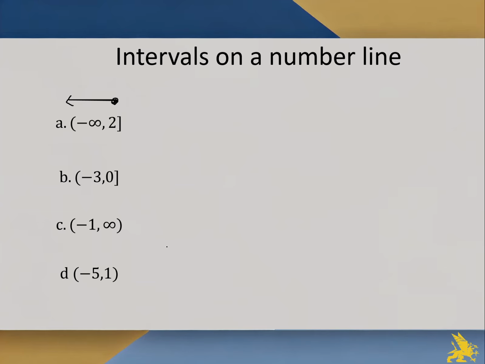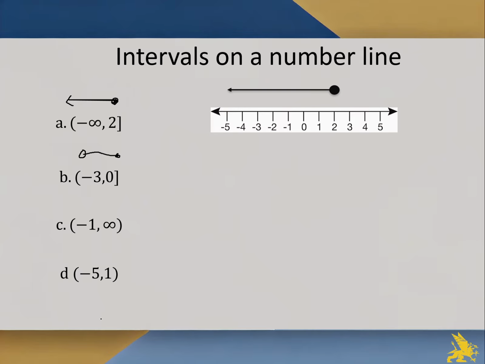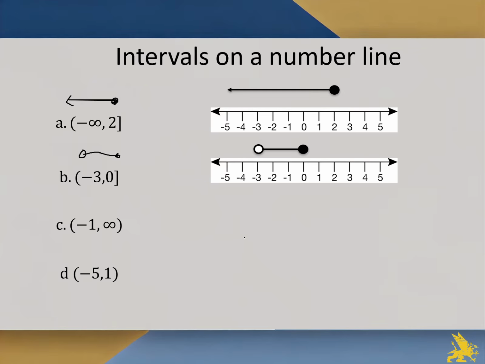Here in B, we're going to have 2 points. We've got -3 and 0. So -3 is not going to equal, so I put a circle, and 0 it will equal, so I color in that circle. And that's going to form a line. So if I do that on a number line, we can see a lot neater than what I've done.